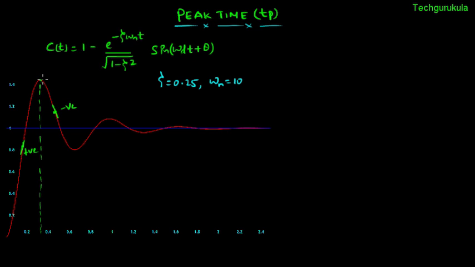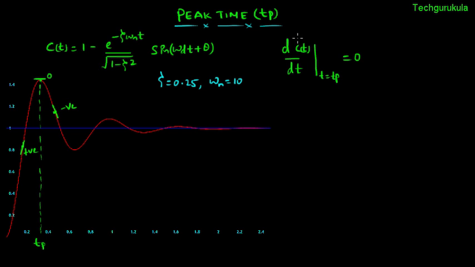If you see, there is a point in the middle between them where the slope would be 0. So we can define that the differentiation of the output response with respect to time at, let's say, the time Tp, at t equal to Tp, the slope would be 0. So if we apply this condition, we can find the value of Tp for which the differentiation would be 0.